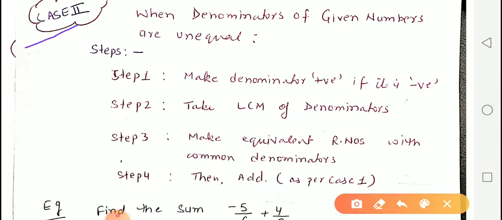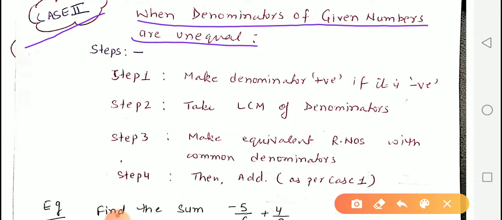Now case 2. When the denominators of the given numbers are unequal, there are some steps which we have to follow. The first step is to see whether the denominator is positive or negative. If it is negative, make the denominator positive, and after that take the LCM of the denominators.